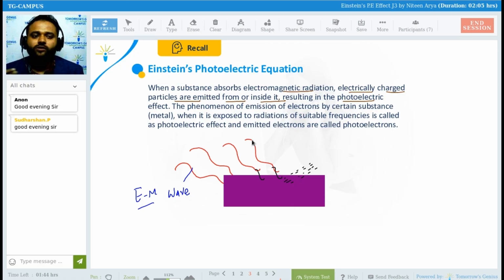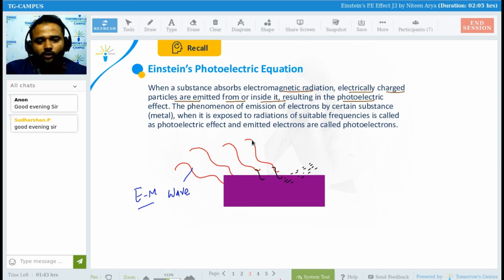So when this energy crosses the final limit, the threshold value, the moment the EM waves and the electrically charged particles have more energy than the threshold energy, they can emit the electrons, and that emission of electrons is known as the photoelectric effect because they are emitted by photons or EM waves. Clear?